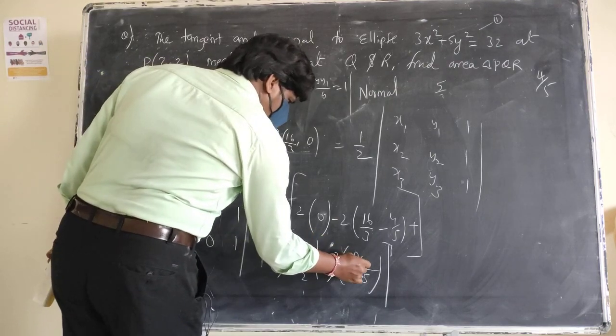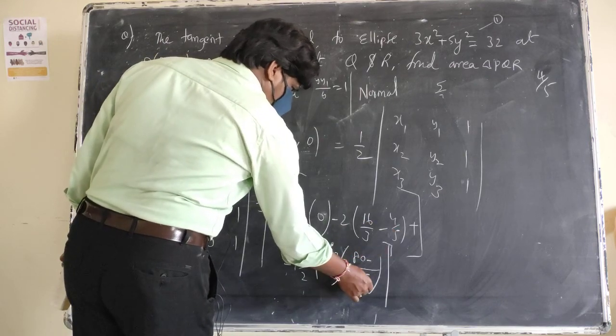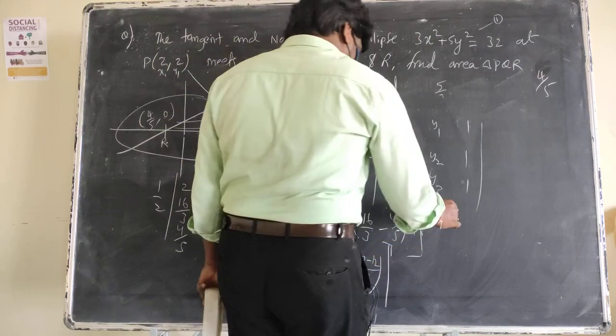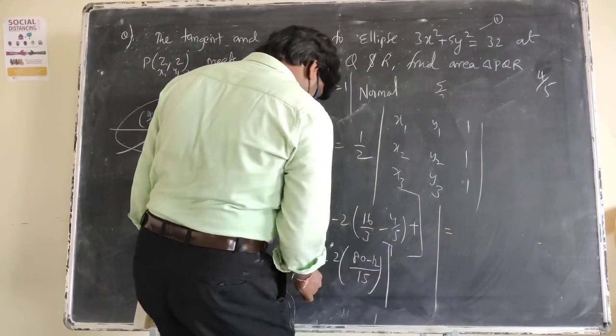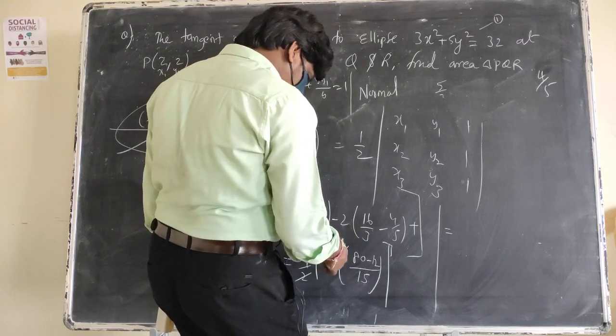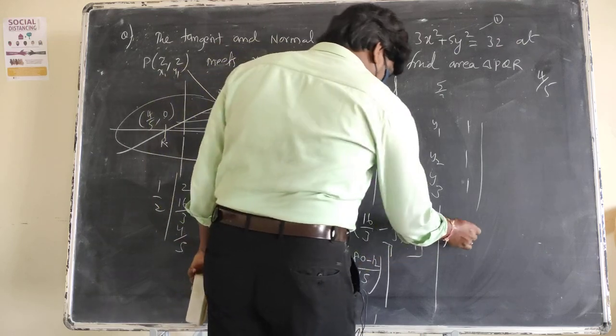Minus 5 3s are 15, 3 4s are 12. Am I right? So the 2 and 2 cancel off. Modulus will become positive. 80 minus 12, that is 68 by 15.